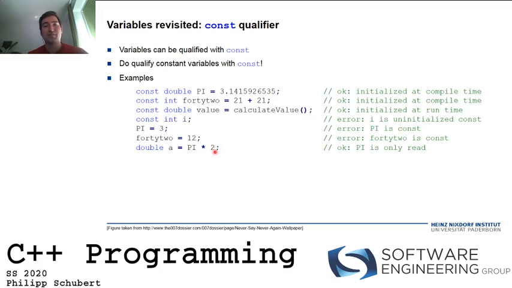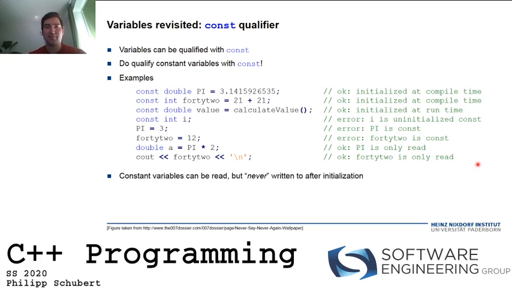Here in this expression on the right hand side, you read the value of pi and multiply times 2, and whatever is the result of that computation, you store in a new variable a. And this here is perfectly fine because pi is only read. And you can, of course, also print it to the output stream.